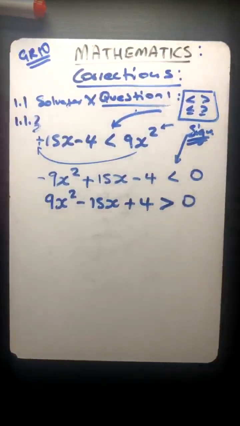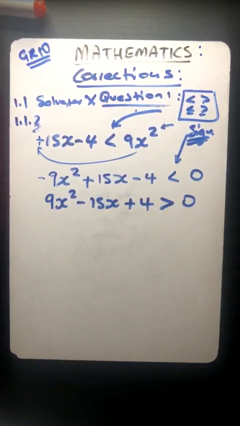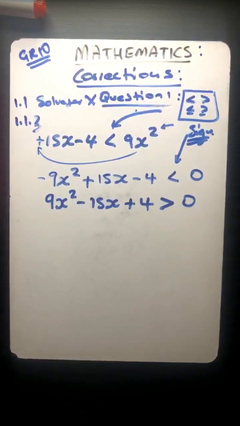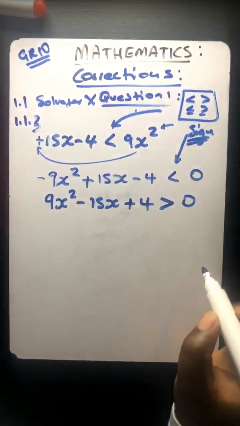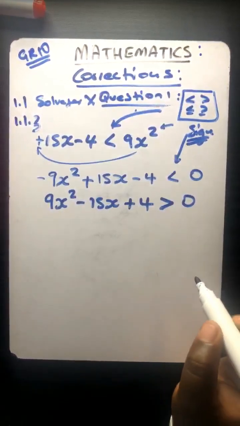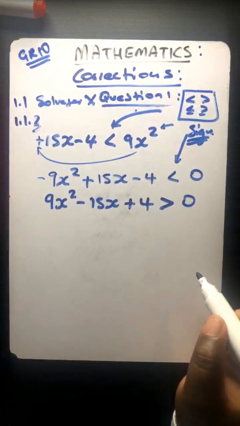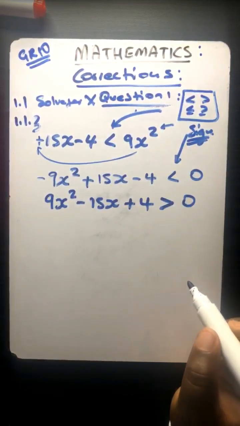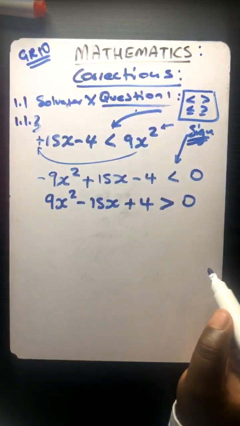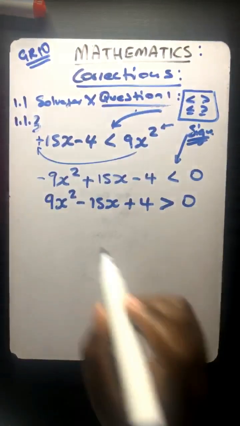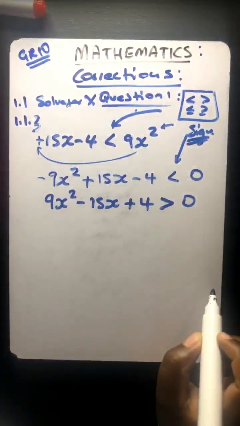Whether you write it as positive 0 or negative 0, it remains as 0. So you can now try to factorize that problem. Can you guys see that if you do not have your tools in order, you might not be able to quickly factorize that.